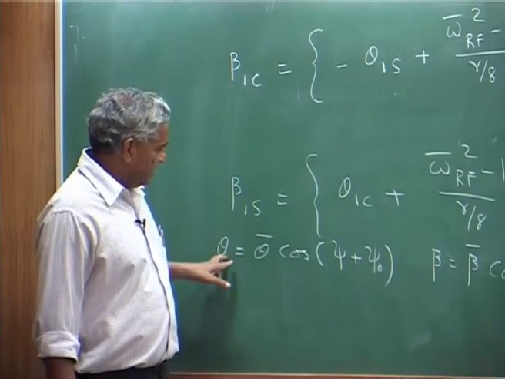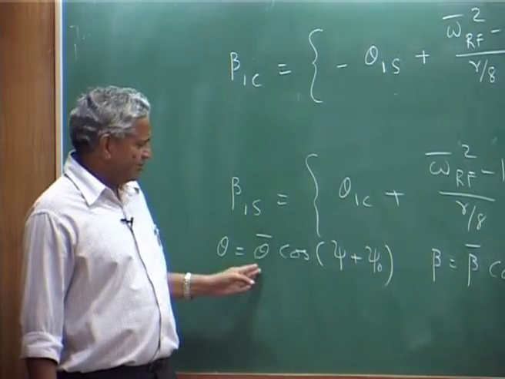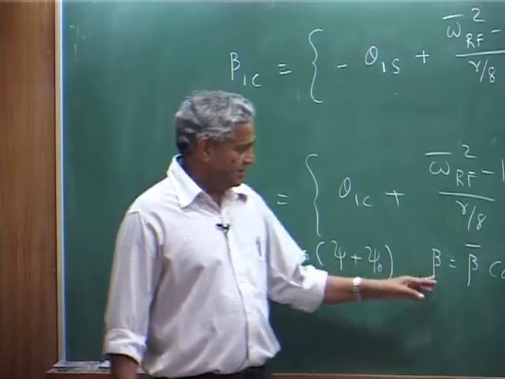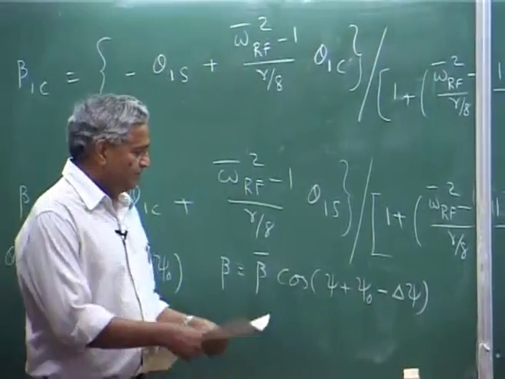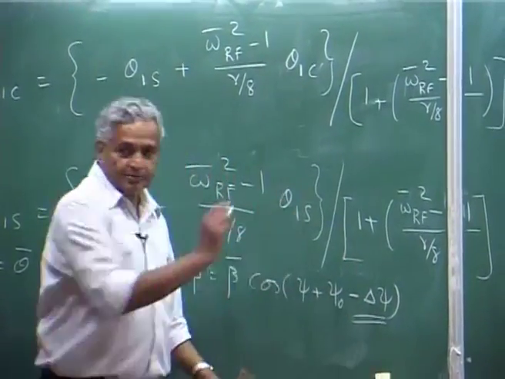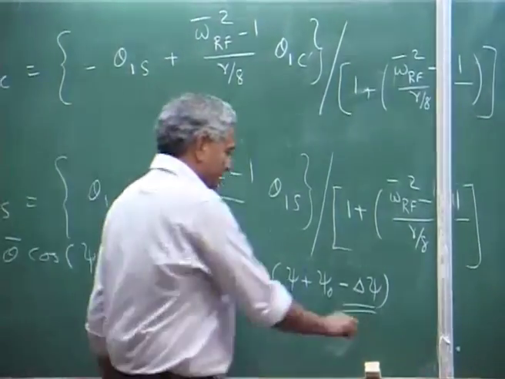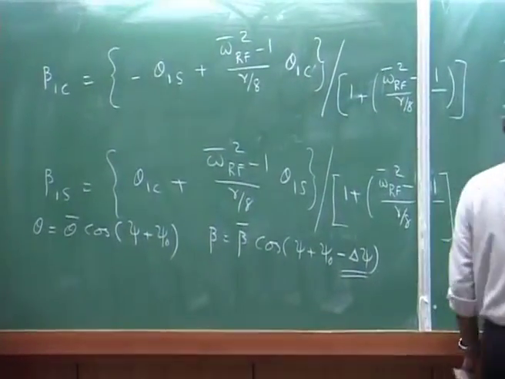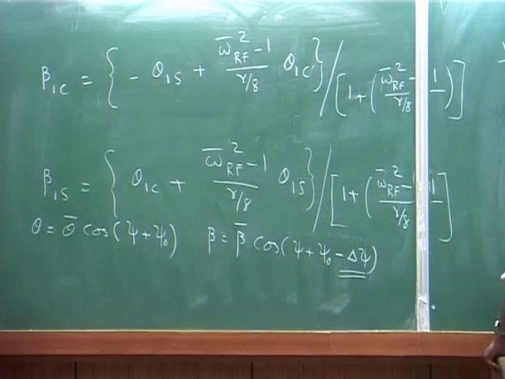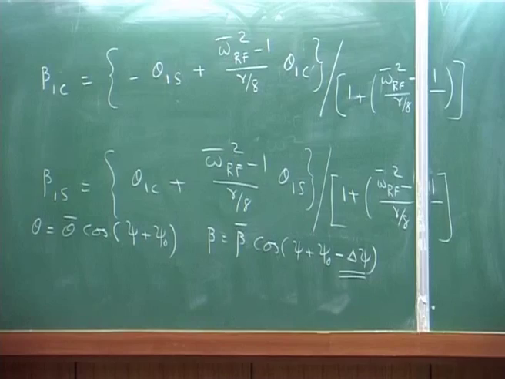Now, you see, if the input is, I can write theta 1c, theta 1s, similarly beta, this is the phase. Okay. Using these equations you solve, I will just write the answer, okay, because that is algebra. So, which you can try yourself. That is the input.